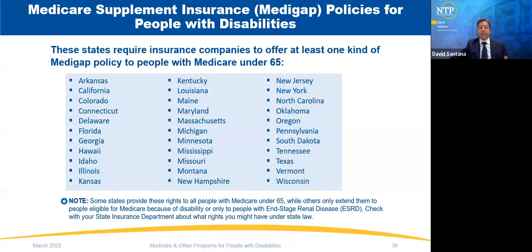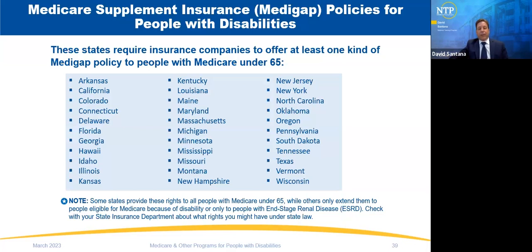So there are many states that provide at least one kind of Medigap policy for people who are under 65. They may require that the Medigap policies offered in the state just offer the very basic Plan A benefits, for those of you who are familiar with Medigap policies.